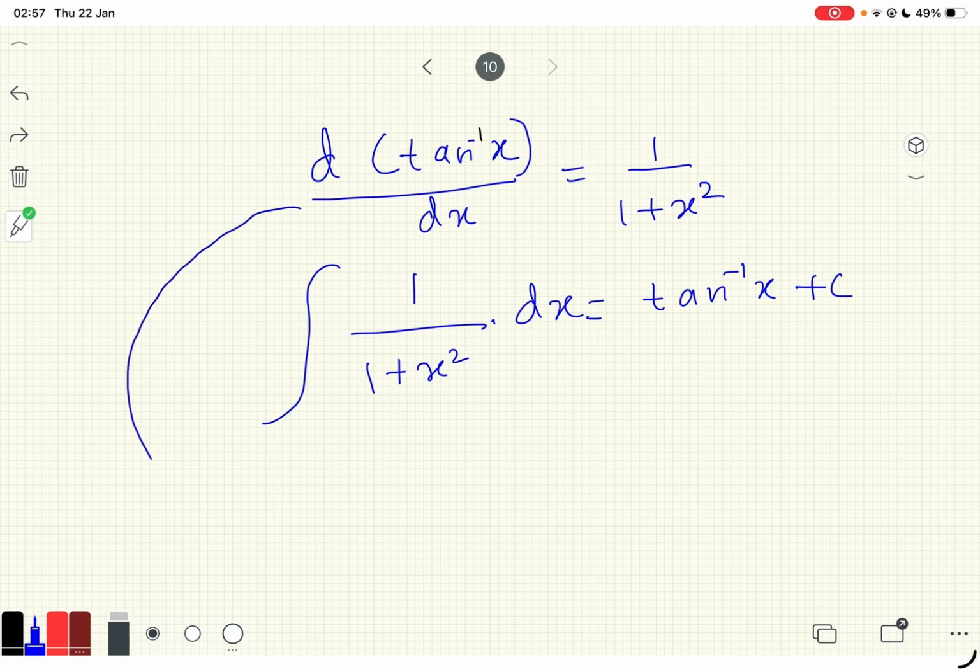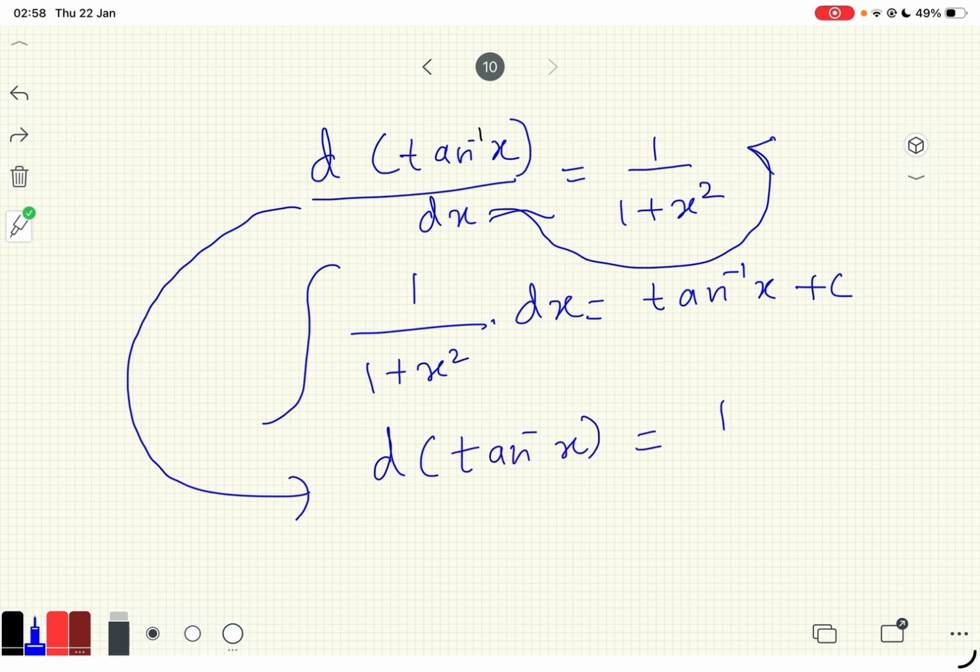But if you want to understand it even more clearly, simply cross multiply. The dx is multiplied on the other side, so the derivative of arctan x is 1 over 1 plus x squared dx. Let me integrate either side.